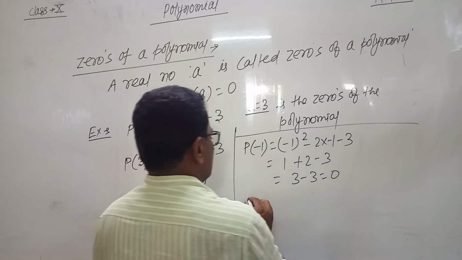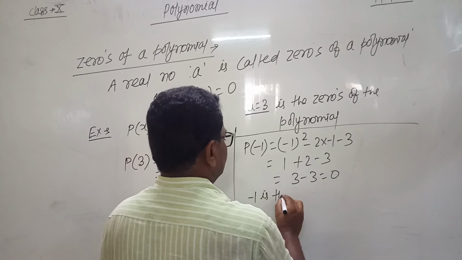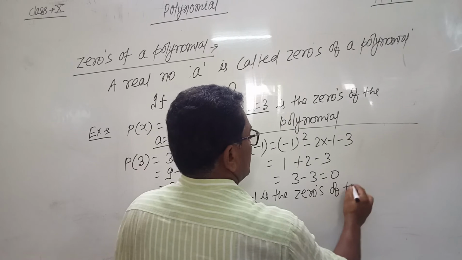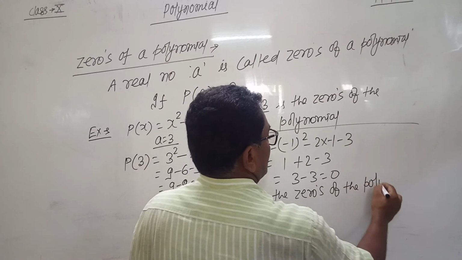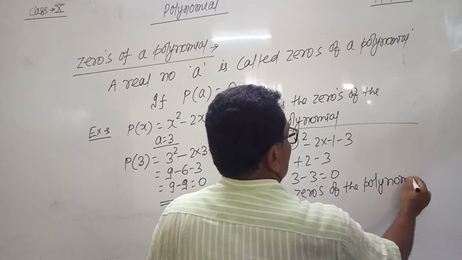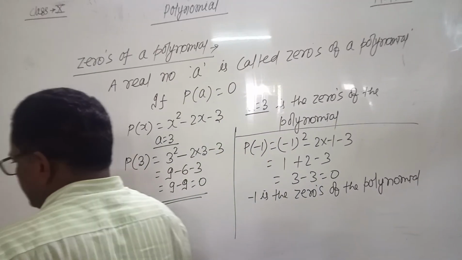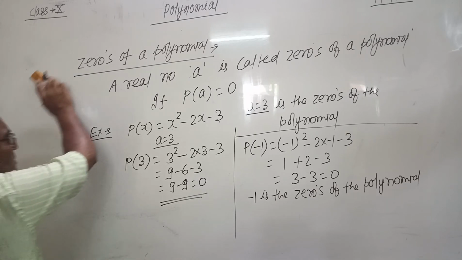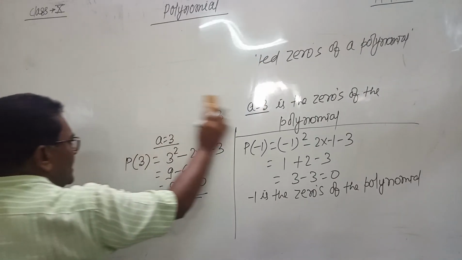It means minus 1 is a zero of the polynomial. Why is minus 1 a zero of the polynomial? Because after putting x equals minus 1, the expression gives the result 0. So this is about the zeros of a polynomial.